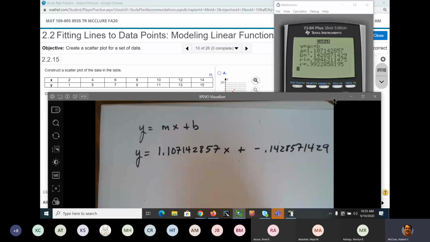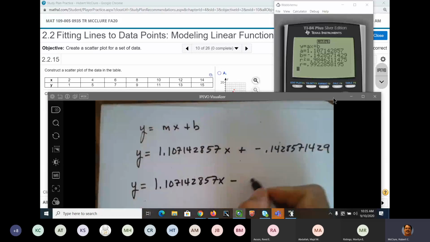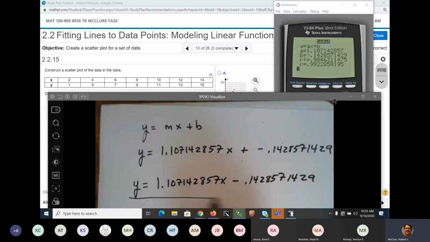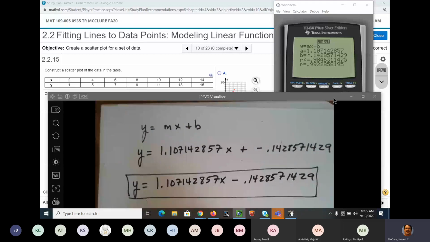Okay, so your final answer is y equals 1.107142857x minus 0.1428571429. Now, of course, you round accordingly by the instructions, but that's what the equation of the line looks like that goes through those points.